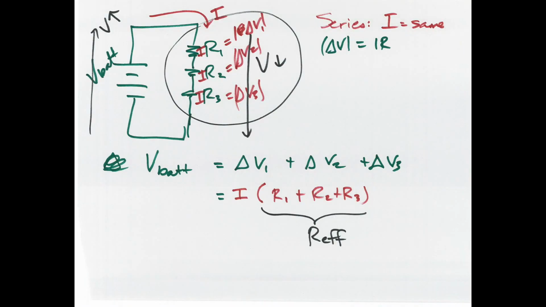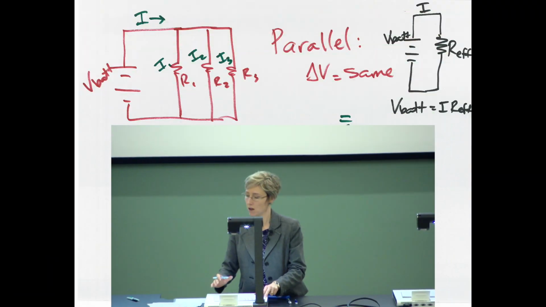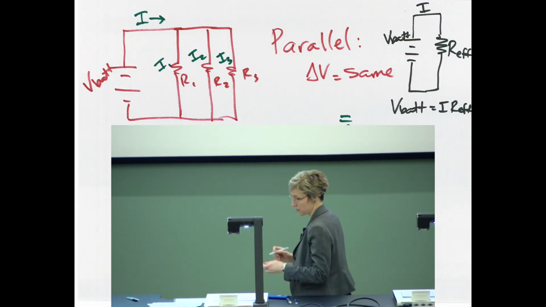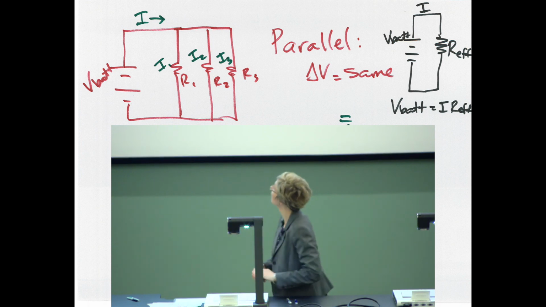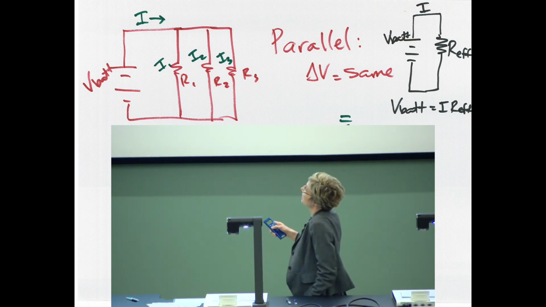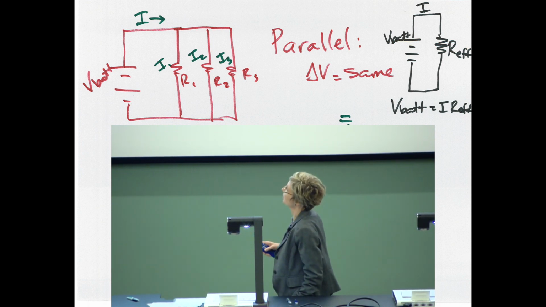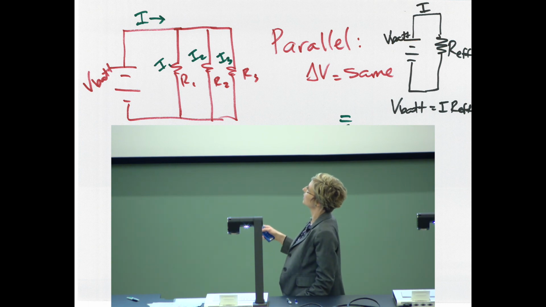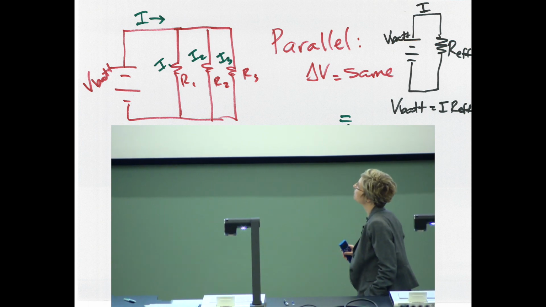In our series case, series had that I was the same, but parallel has that the voltage drop is the same. Okay? And so in this case, the current comes into this upper node here and splits 3 different ways. I have the current coming down here, the current coming down there, and the current coming down there.